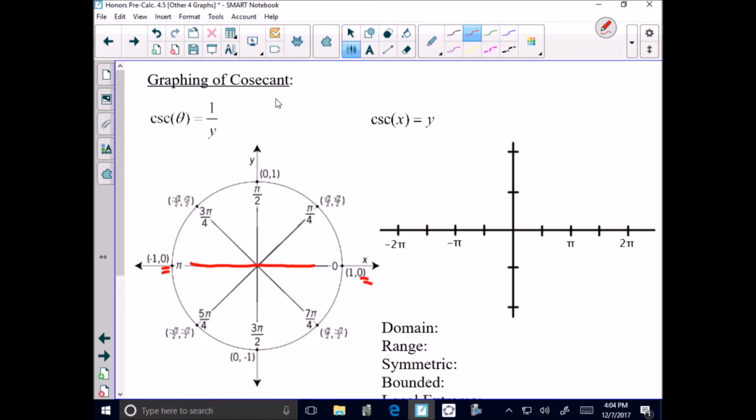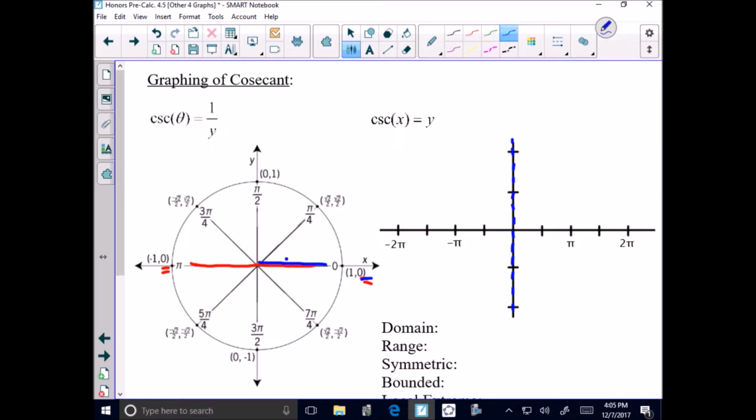And what we're going to do now is go around one rotation on the unit circle and talk about what we get at each quarter rotation for cosecant. So we start out with 0 radians of rotation, and we've got that y value of 0 giving us a vertical asymptote to start with on our graph of cosecant.